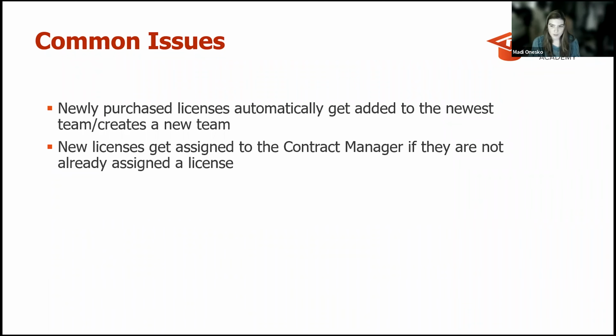They will always be the primary admin. So if the contract manager / primary admin wasn't previously assigned any licenses, they may not be an end user or anything. If you buy a new license, the new license will get assigned to the contract manager. So that's one thing to check if you have lost your license.